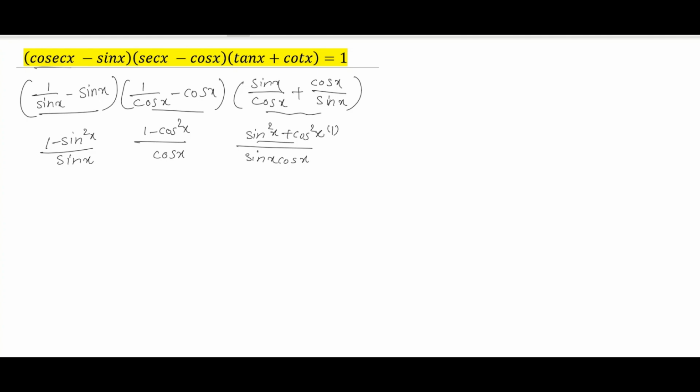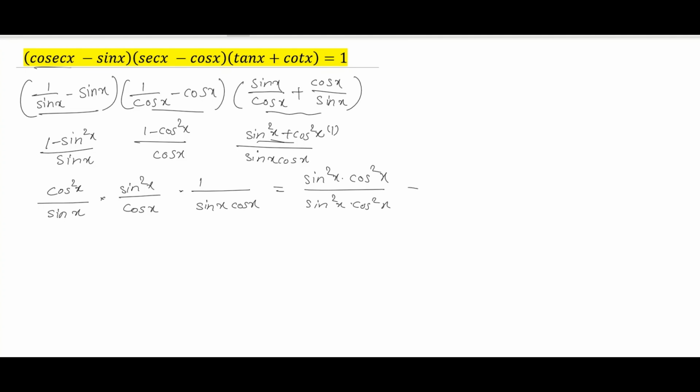Whereas this 1 minus sine square x will become cos square x upon sine x. 1 minus cos square will become sine square x upon cos x. And this is 1. So we'll keep it as 1, and then we have sine x cos x. Now if we multiply all the numerators, it becomes sine square x into cos square x. And in denominator also, if we multiply everything, it becomes sine square x into cos square x. That is like 1 here.